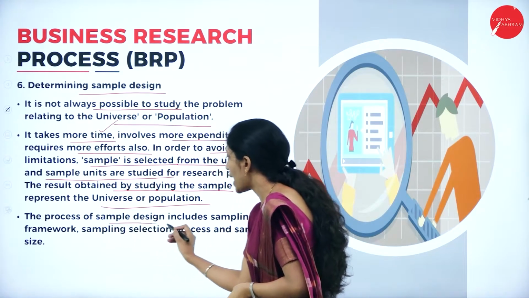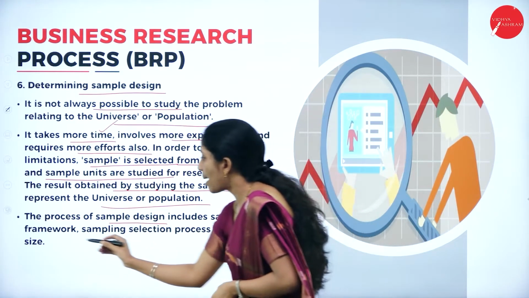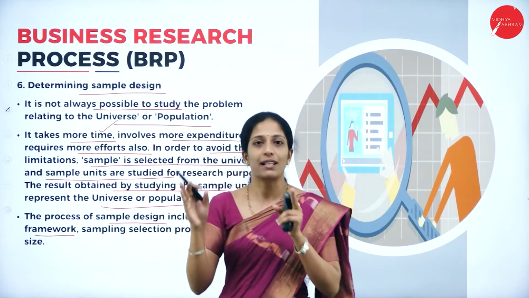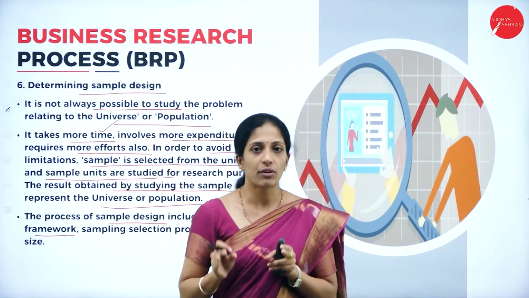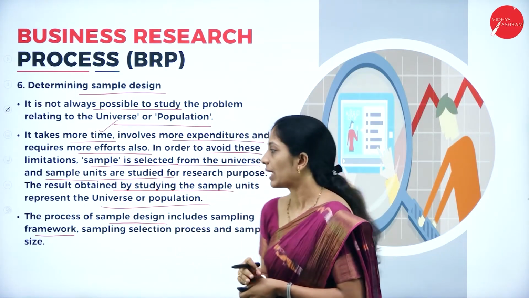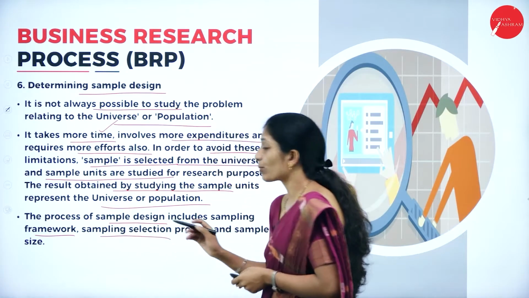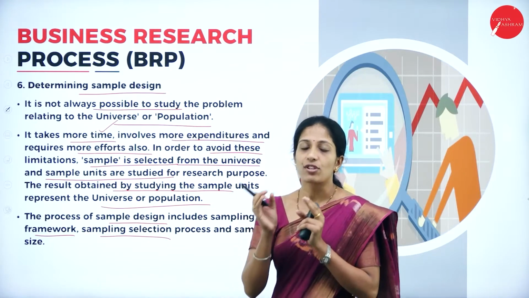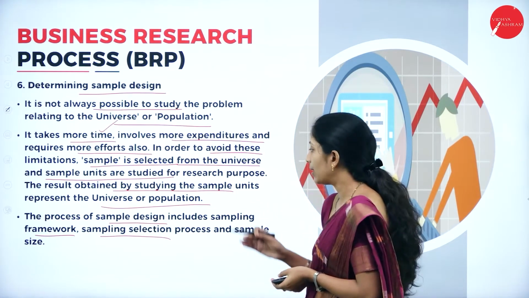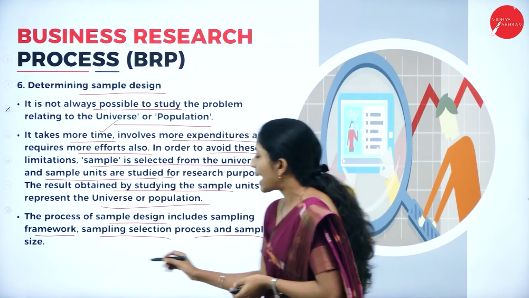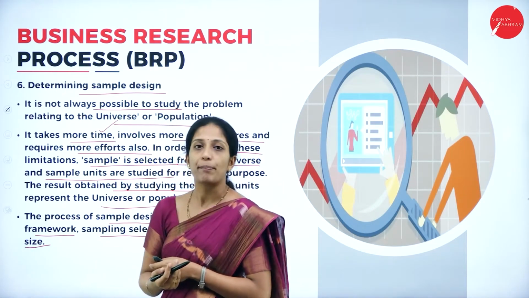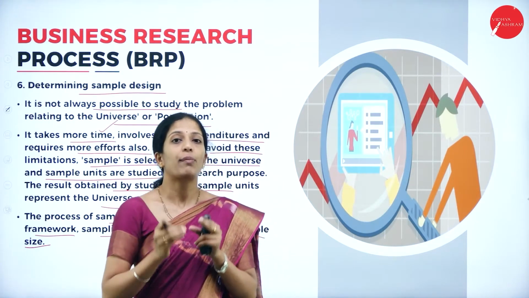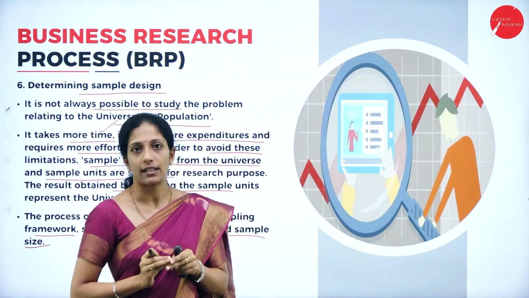The process of sample design includes the sampling framework. Framework means how the sample should be. Next is sample selection, so we have to select a proper group of people, and then the sample size. What do you mean by sample size? Sample size means from how many respondents we are going to collect the information.